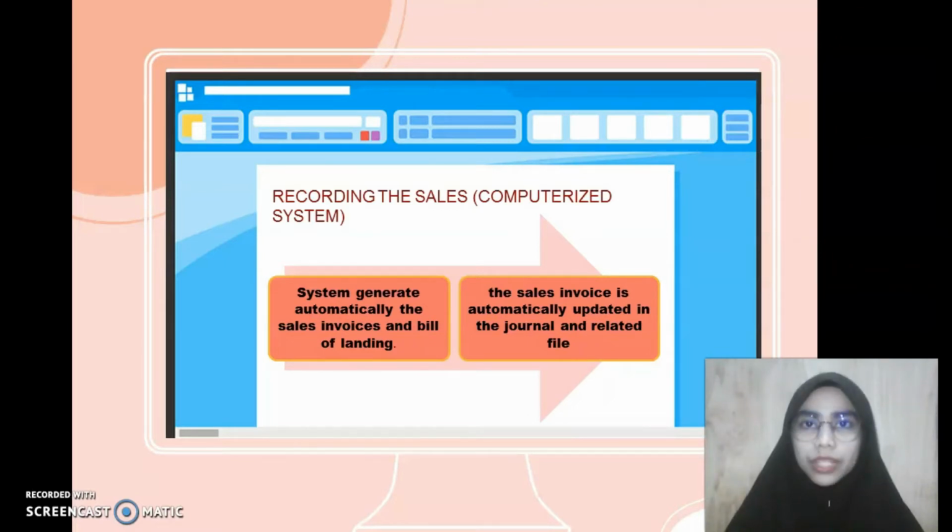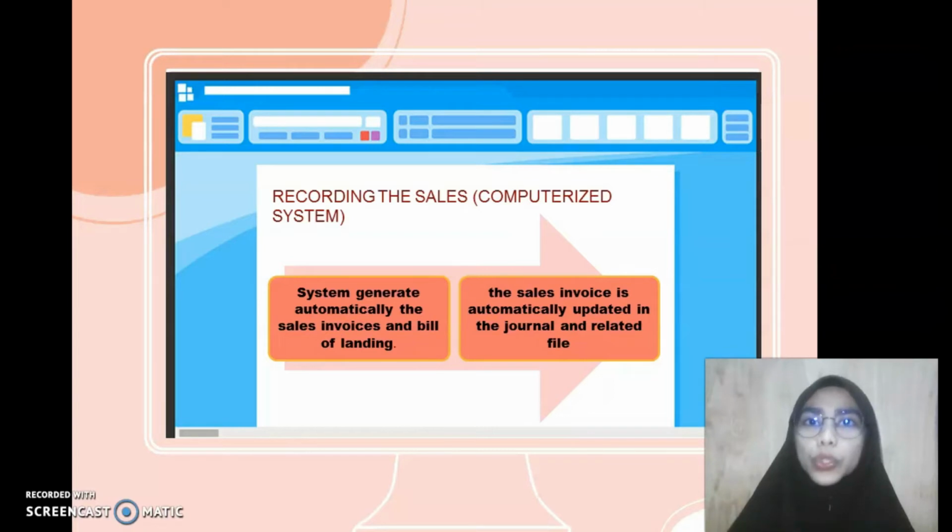Only authorized personnel can make any changes to the system. As we know, the IT system has two controls, which are general control and application control. The general control procedures and the application control procedures can make sure that the computerized system processes the sales transactions properly.